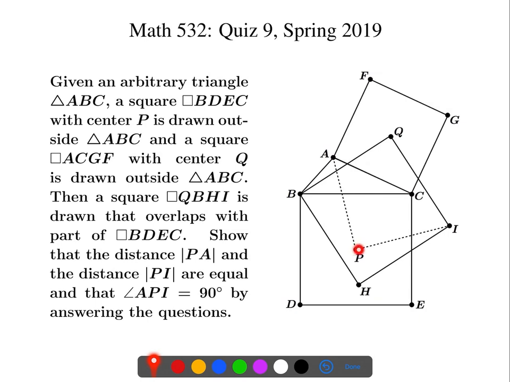And the point P and the point Q are the centers of these squares. So we have P here at the center of this square, and we have a Q that's the center of this square. So Q and B are known at this point, so I look at BQ, and I make another square with that going in this direction, this square that is then going to be the square QBHI.